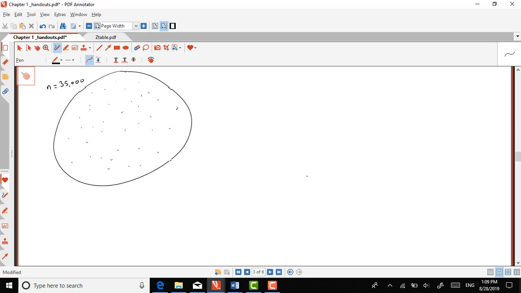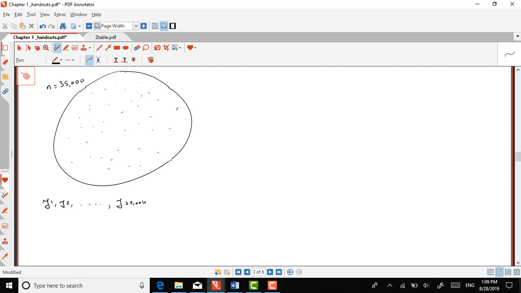In an ideal world, we can go and collect this information for the 35,000 students, and then we can organize it. We could enter it in Excel and sort it, or organize it. It doesn't need to be sorted. So we have about 35,000 observations.